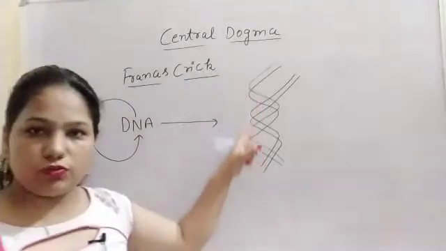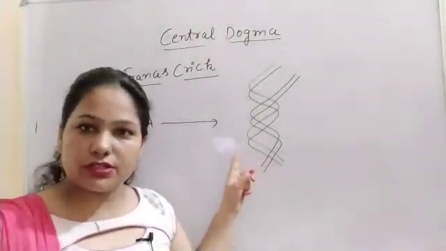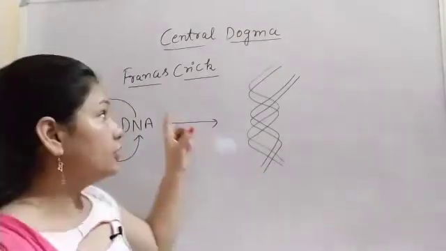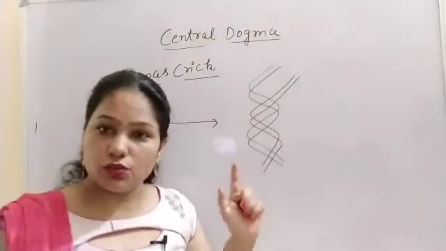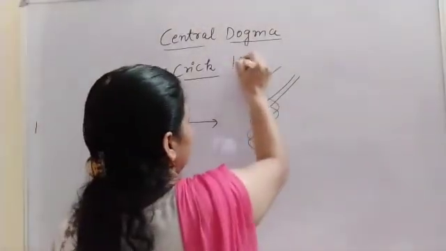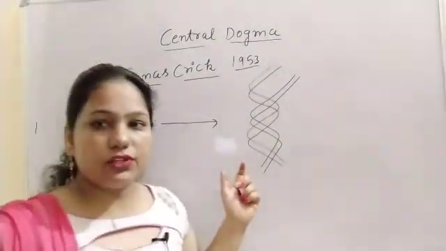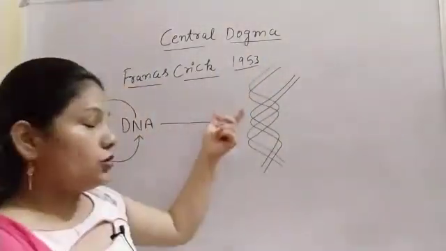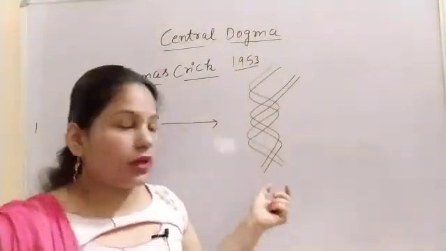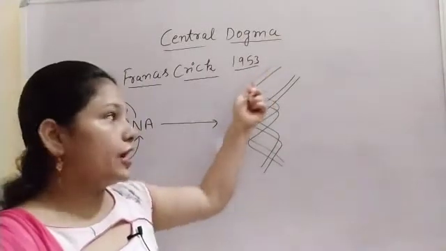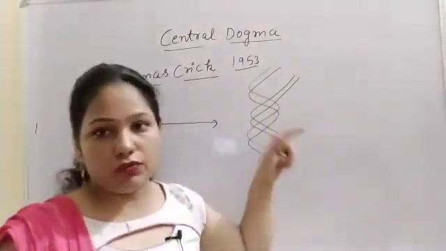There are two strands of the DNA, and this double helical structure of DNA was given by Watson and Crick, the two scientists, in 1953. And there are some salient features of this model also: both the strands are complementary to each other and they are made up of the sugar and phosphate backbone, and the bases are projecting inwards.